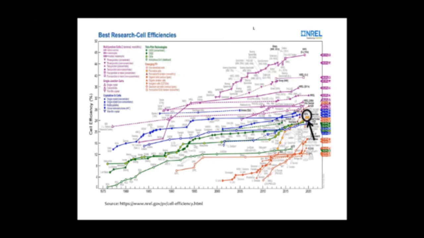Now, this table just summarizes the solar cell efficiency for various photovoltaics. Our main interest is in the circled one, the perovskite solar cells.